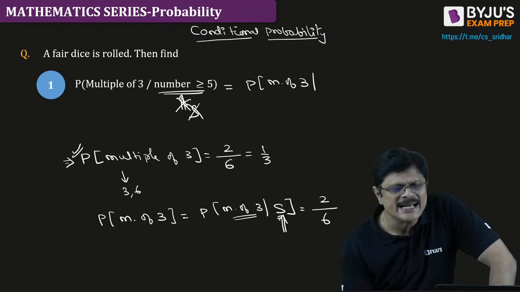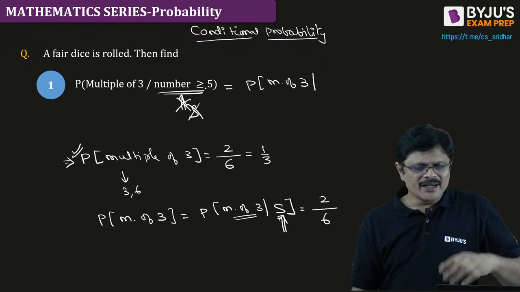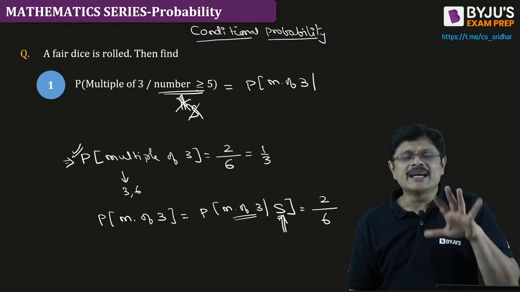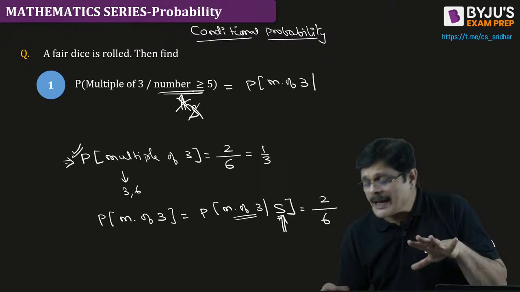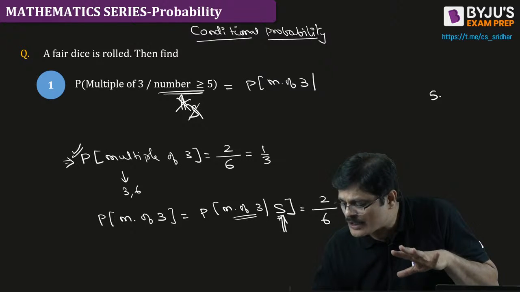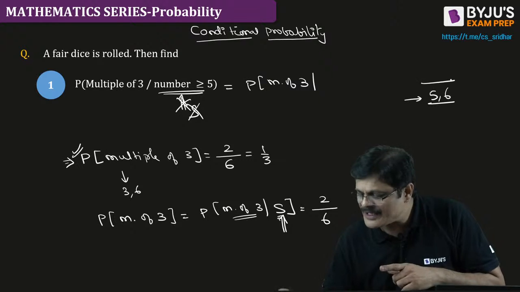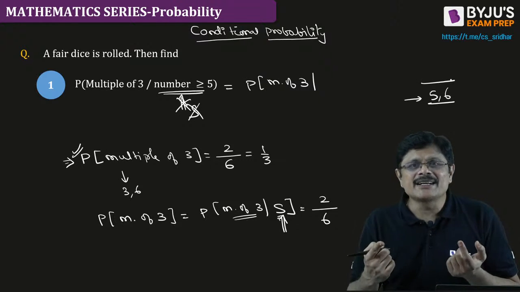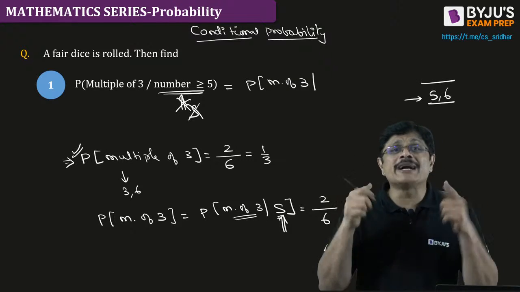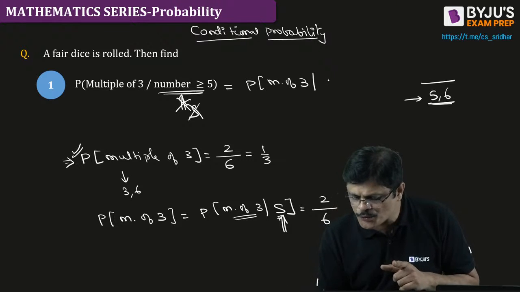What has happened is that a number greater than 5 happened. Shivananda, see carefully. Number greater than 5 happened. That is, what has happened is only 5, 6. When this happened, what are the cases which are favorable for a multiple of 3? That is, out of these 2.